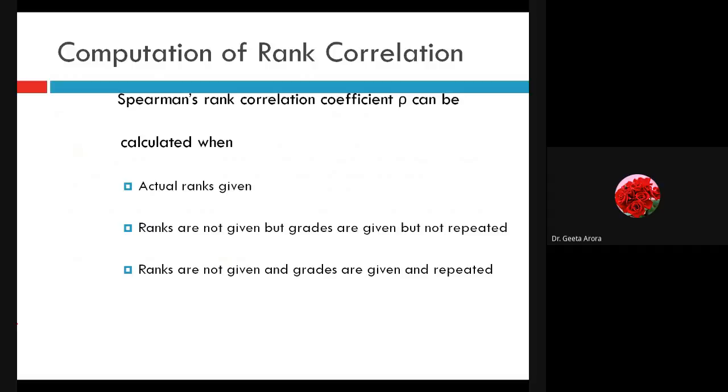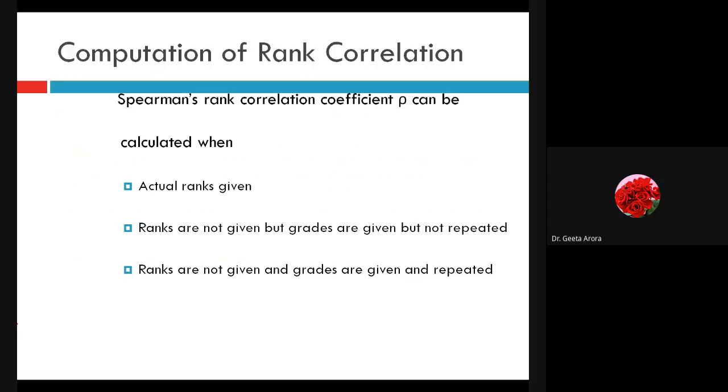Okay, now we have the computation of rank correlation. How can we find it out? We can calculate the rank correlation in a scenario when actual ranks are given, depending upon your performances. Performances are not only in exams; it might be a musical performance, or a dance competition.